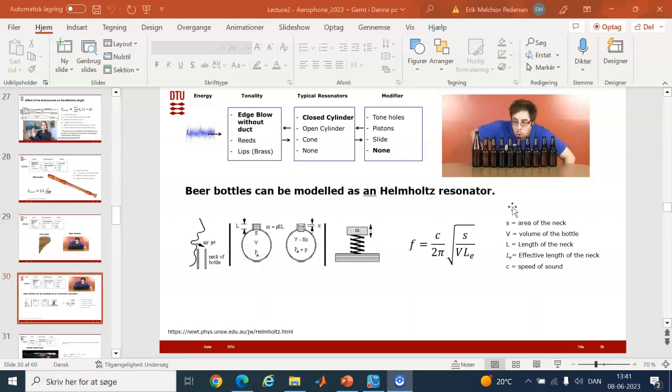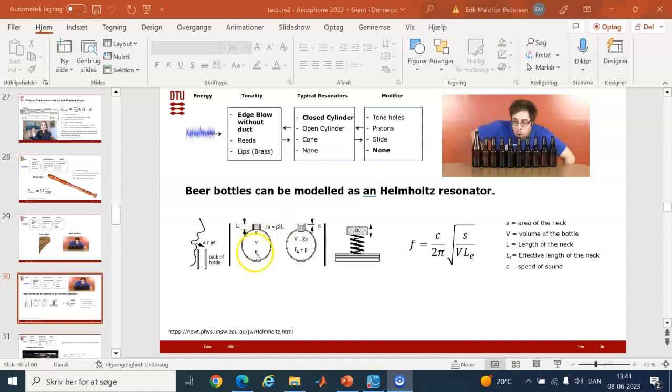Okay. Beer bottles can be modeled as a Helmholtz resonator. The air in the neck of the bottle is working as a mass. Mass is rho, the mass density, times S, the area, and times the length.